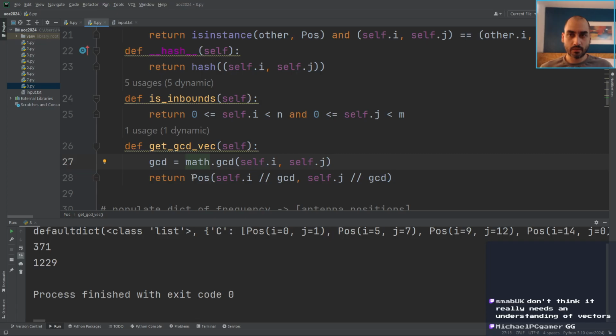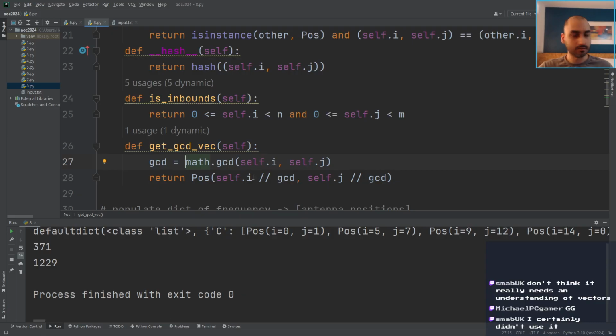Well, I would argue the fact that they're using the phrase in line with antenna is almost implicitly talking about vectors. I don't know. You don't have to use a vector class. I agree with that, definitely. But I would think you need to understand the most basic concept of a vector to actually understand the phrase in line with antenna, and to also understand that these integer coordinates will appear at multiples of this.